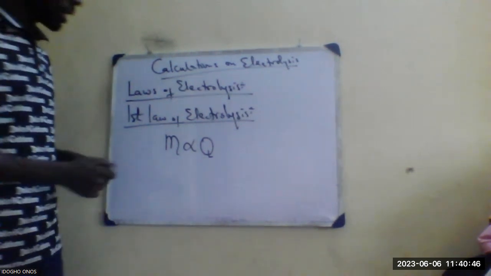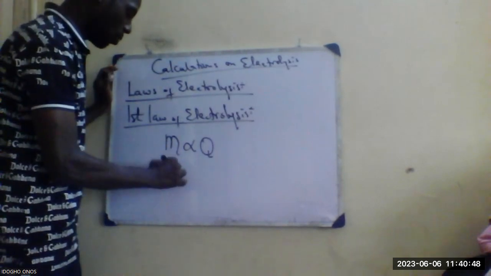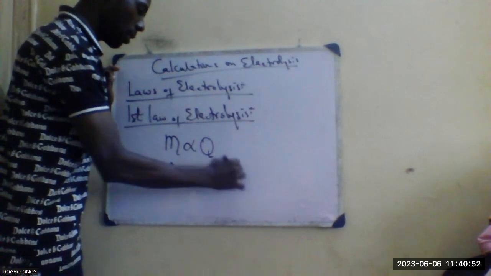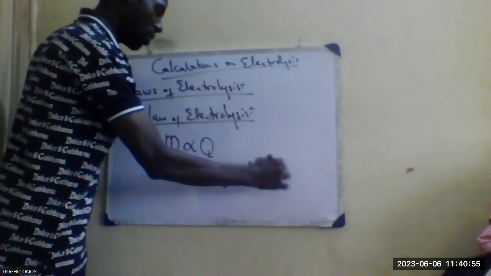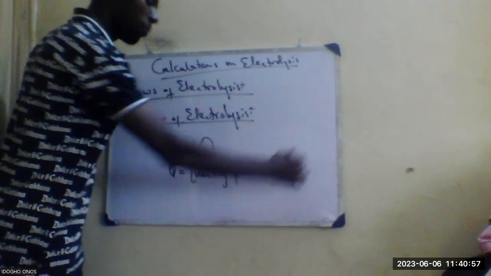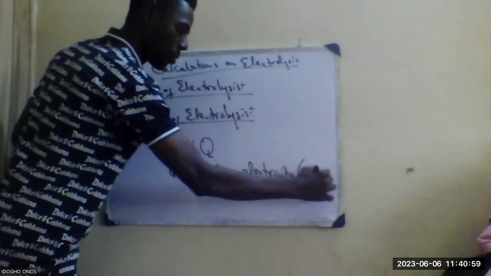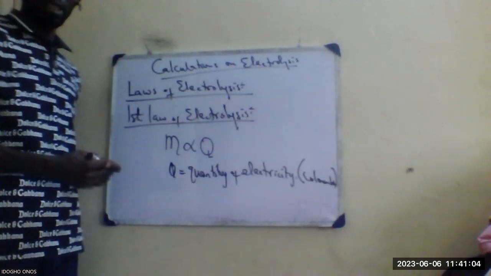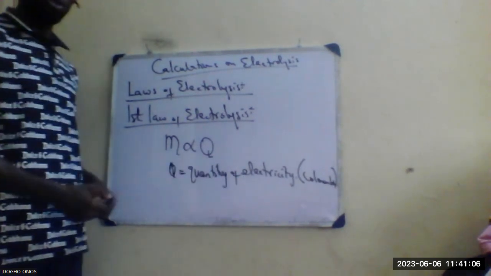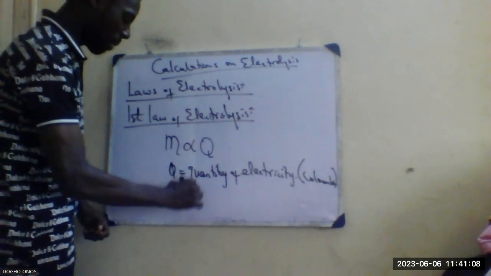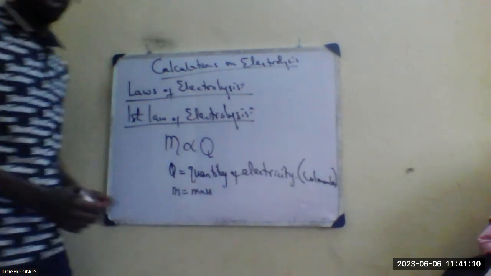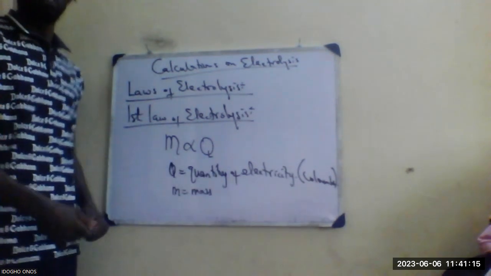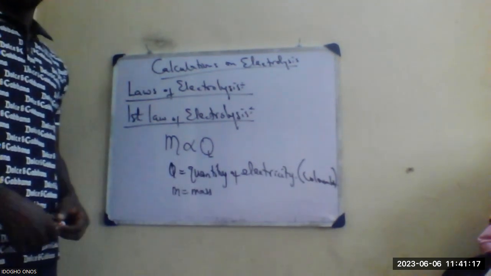Q equals quantity of electricity, and the unit for this is coulombs, or with the capital letter C. While M here stands for mass in terms of weight, which the unit is gram or kilogram, depending on how the question comes.